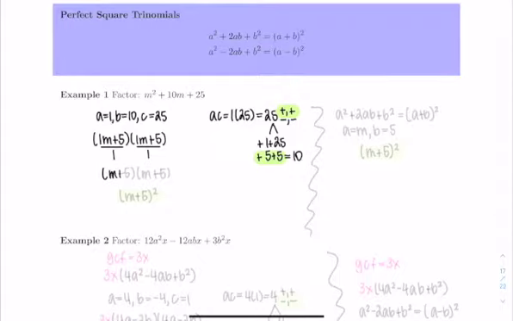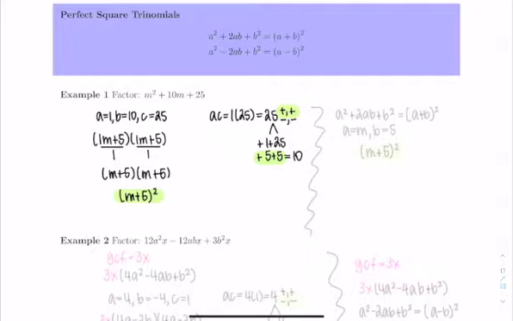And we end up with m plus 5 times m plus 5, which is the same thing. So we can write m plus 5 squared. So I didn't use the formula at all, I just used the Berry method, and I'm going to get the same answer if I do use the formula.